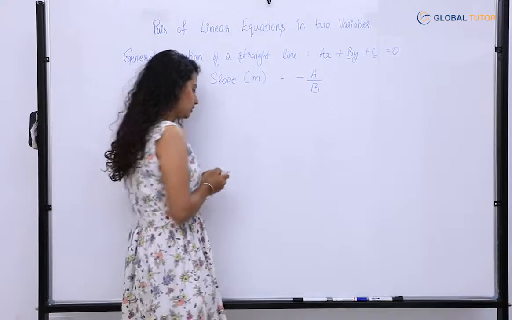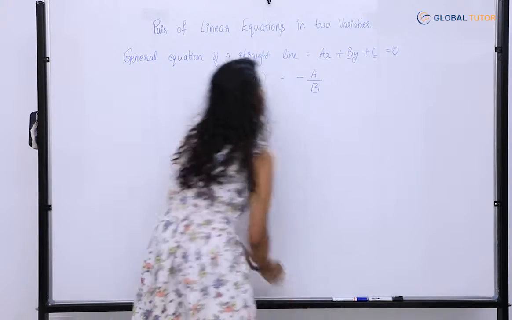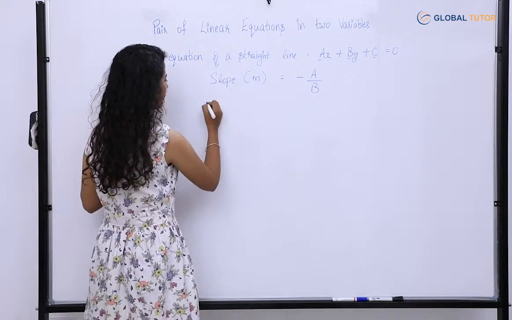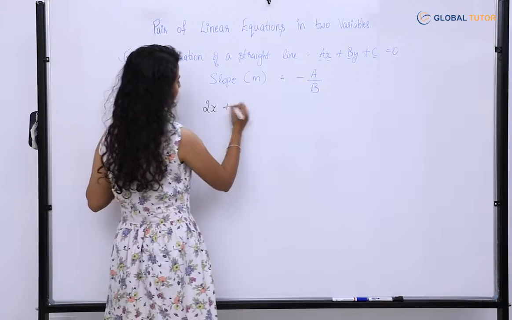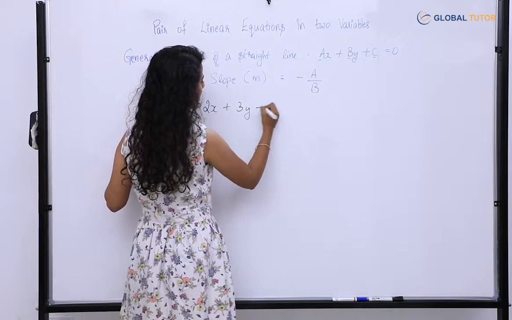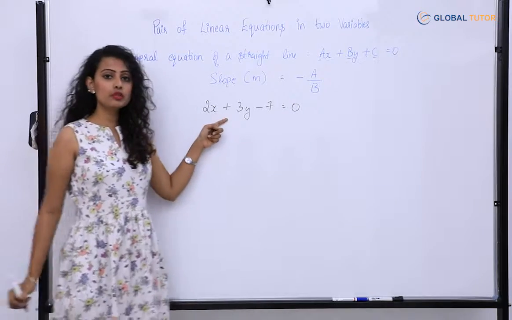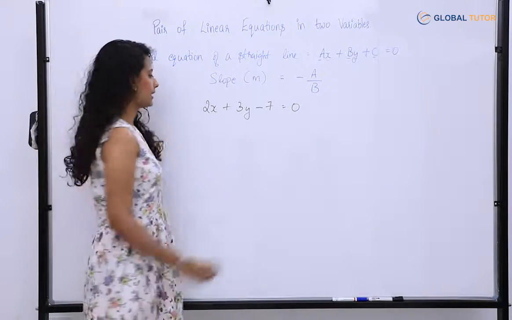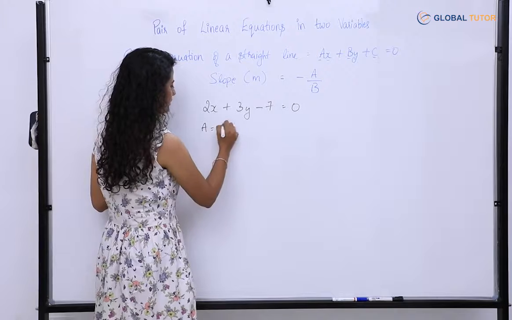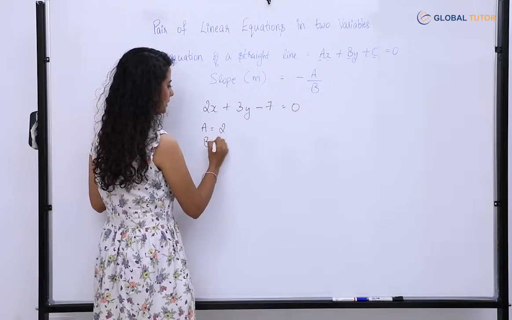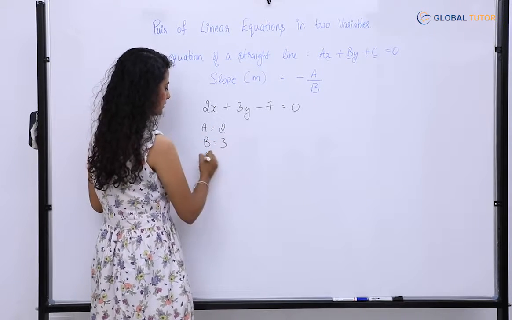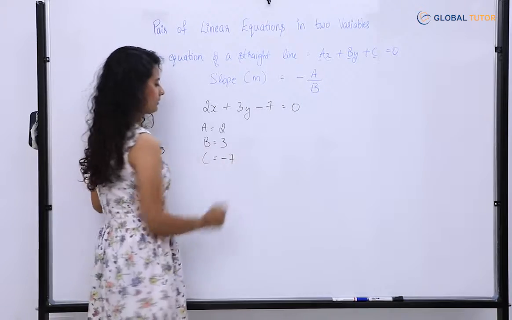Let us consider one example. So if we have a straight line 2x plus 3y minus 7 is equal to 0. So this is an equation of a straight line. So in this case, a is 2, b is 3 and c is minus 7.